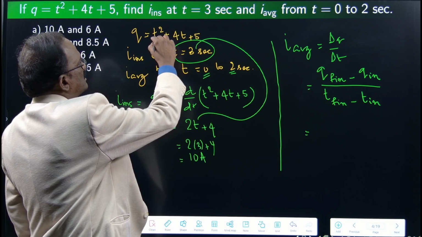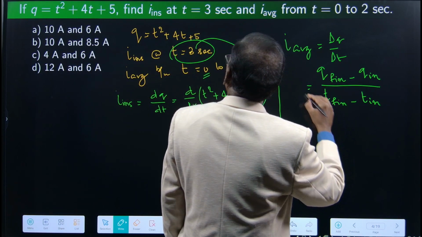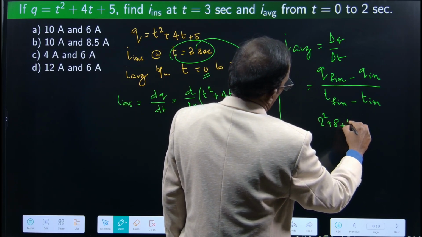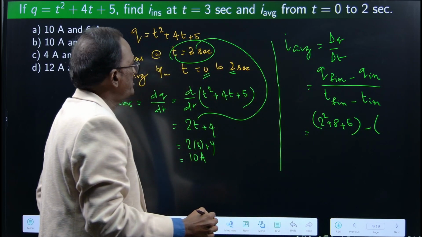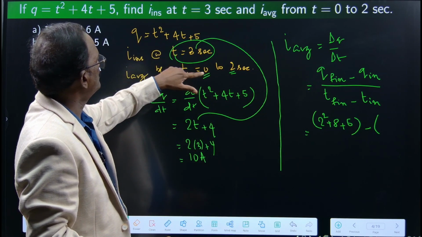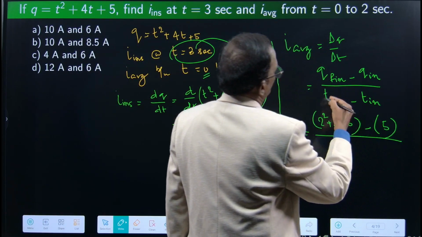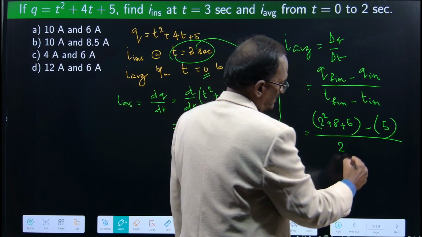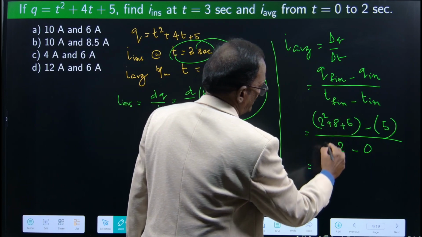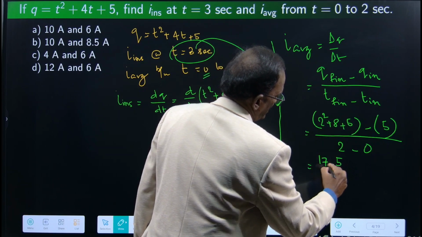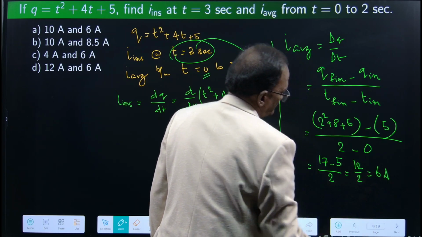Final is 2 seconds: 2 square plus 4 into 2 plus 5, that is 4 plus 8 plus 5, 17. So 17 minus 5 upon 2, 12 by 2 is equal to 6 amperes.